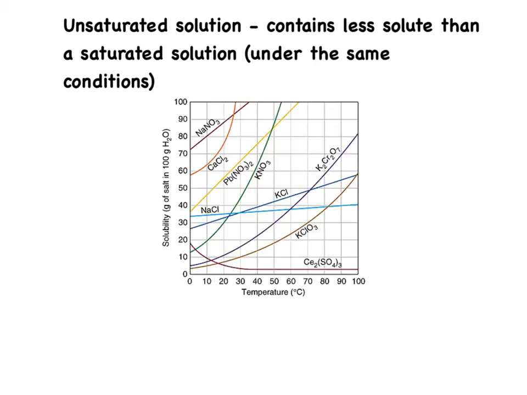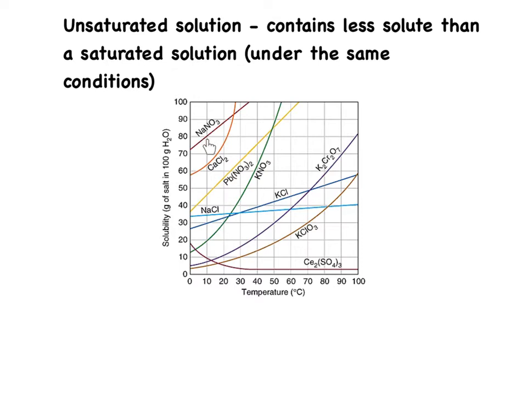An unsaturated solution contains less solute than a saturated solution would under the same conditions. For example, according to our graph, at 10 degrees Celsius, let's take a look at the solubility of sodium nitrate. At 10 degrees Celsius, a saturated solution would contain 80 grams of sodium nitrate for 100 grams of water.